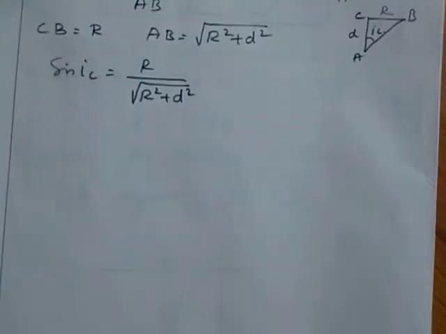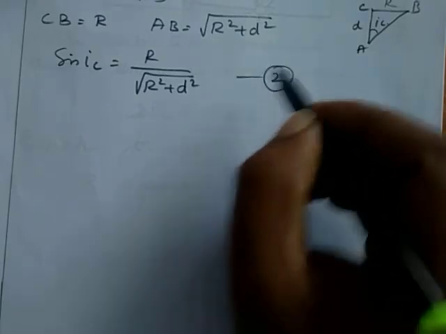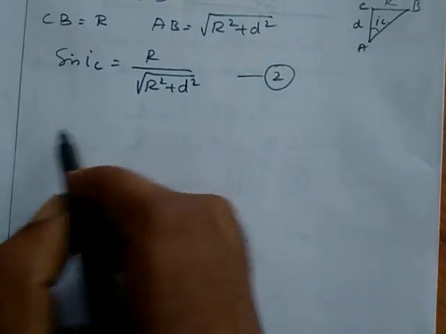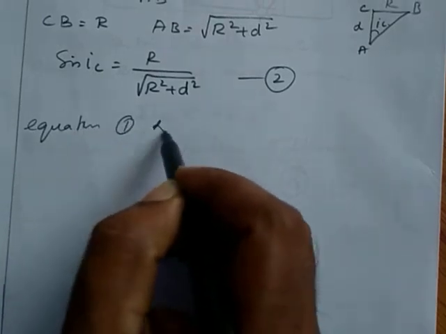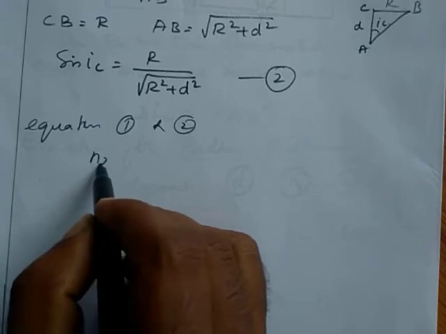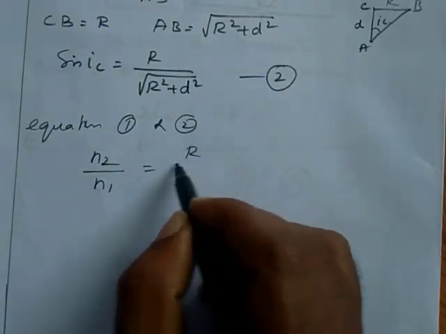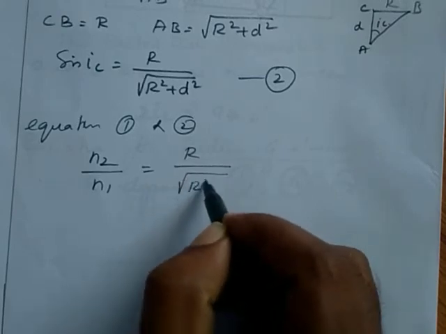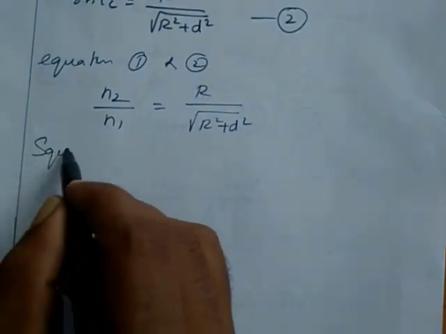This is equation 2. Equating 1 and 2, we get n2 by n1 is equal to R by root of R square plus D square.